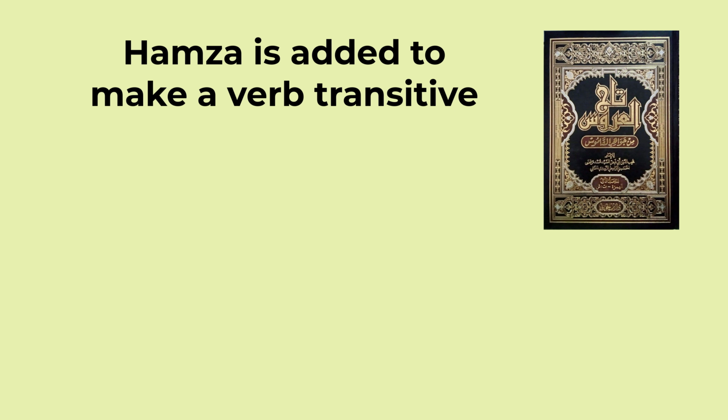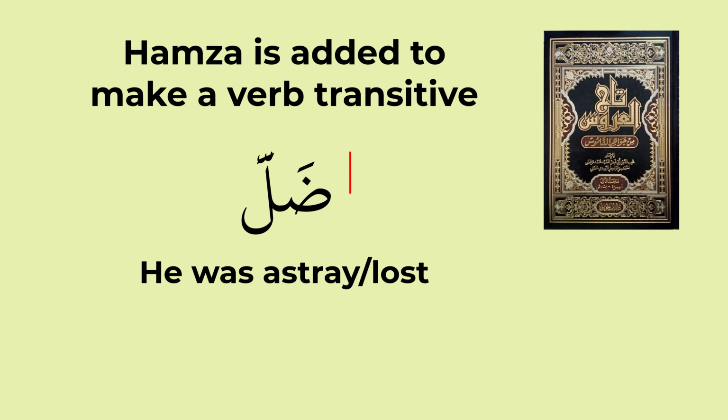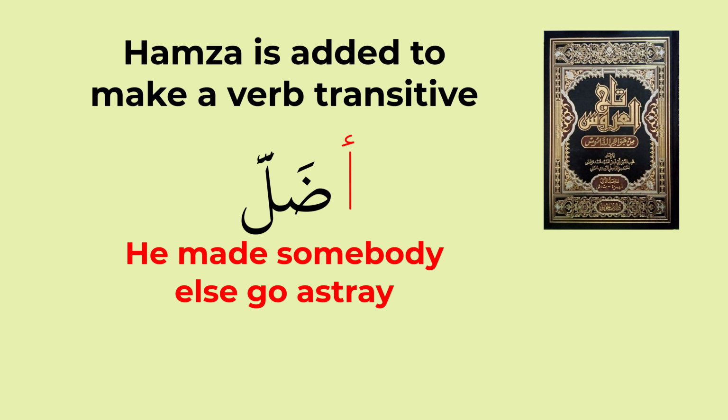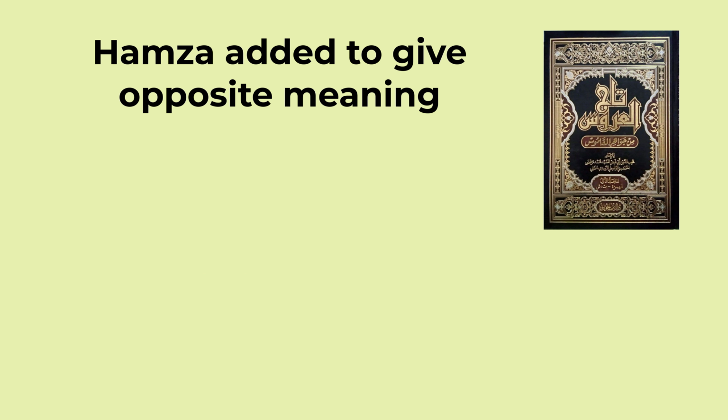The Hamza could also be a letter which causes a verb to be transitive. As an example, we have the verb Dalla. Dalla means he was astray. When we bring the Hamza, it makes it transitive. Adalla means he made somebody else go astray. Hamza could also be used to mean the opposite, and this is used in the Quran.